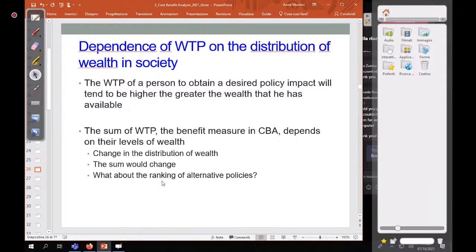And what about if I have to rank alternative policies, if I know that there is a dependence of willingness to pay with respect to the distribution of wealth in society?